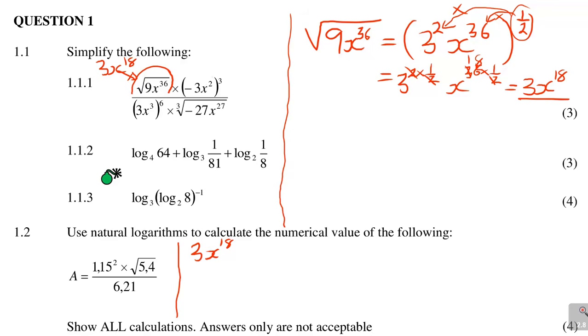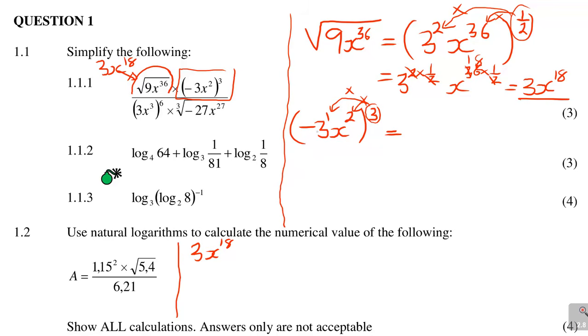Now simplifying this particular part, this is negative 3x squared, but there is a bracket here to say cubed. Remember, if you're not given a power there, it's a power of 1. The same thing, this exponent will multiply each power.